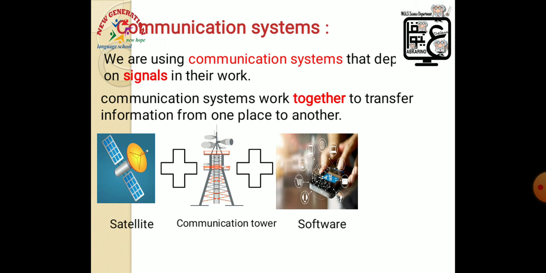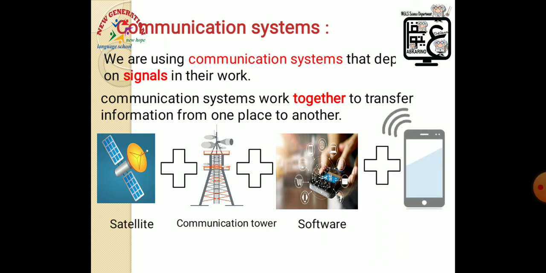Number three, software, and finally cell phone. Satellite, communication tower, software, cell phone.